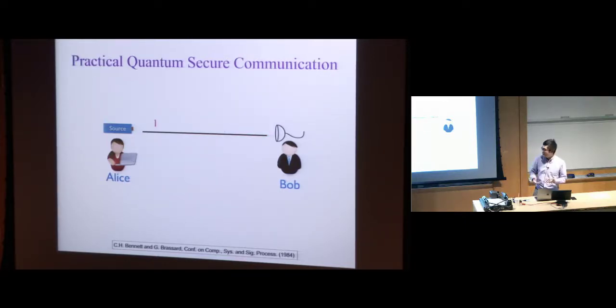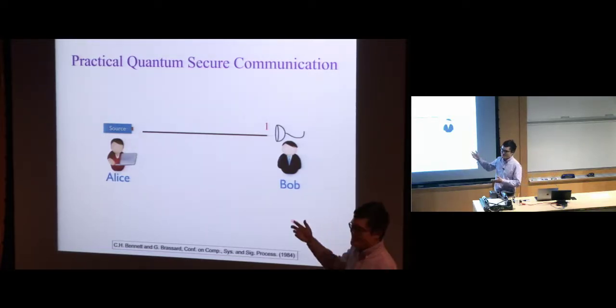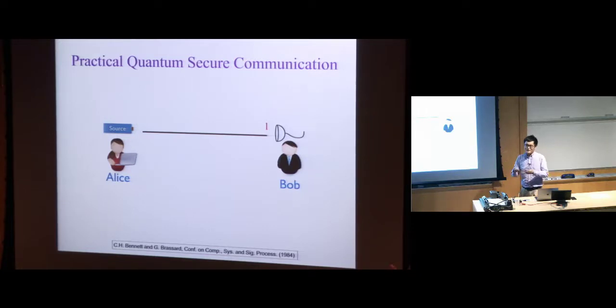So now you can imagine, Alice can just send a classical bit, encode it into a quantum state and send it to Bob through this channel, and Bob can do decoding and also monitor the intrusion of an eavesdropper, and Alice just keeps doing that, sending a different quantum state through the channel. But unfortunately, in a practical situation, the channel always comes with a significant amount of loss.